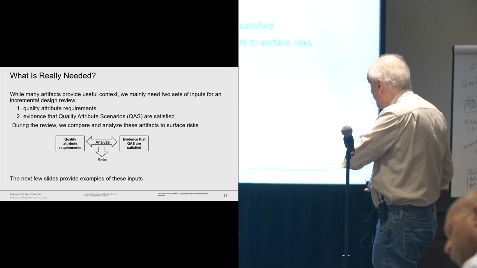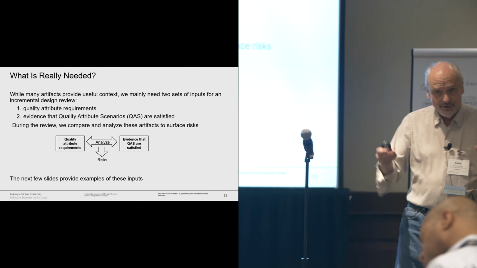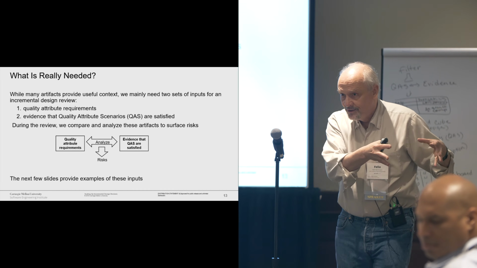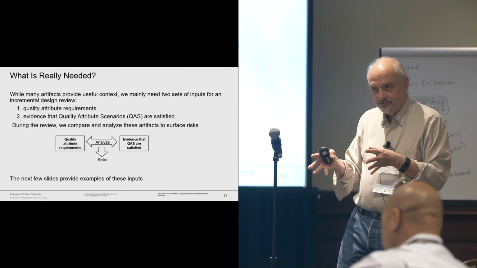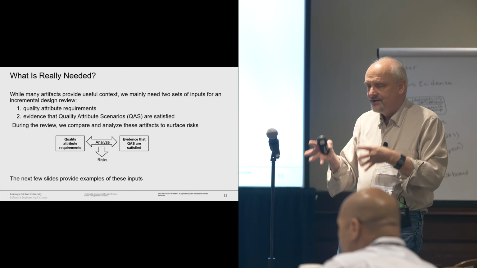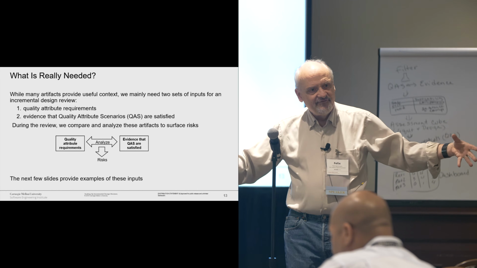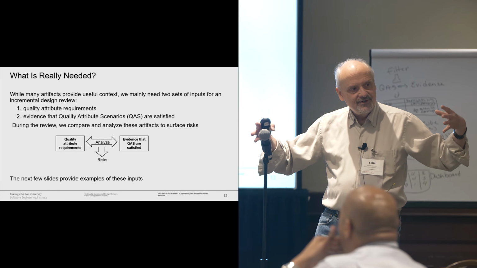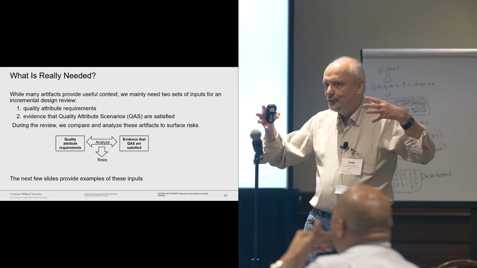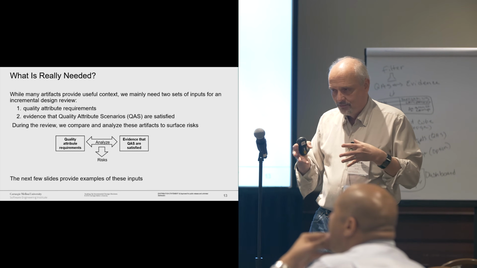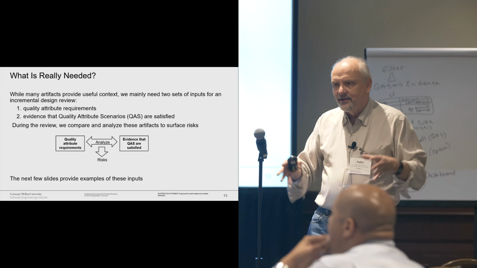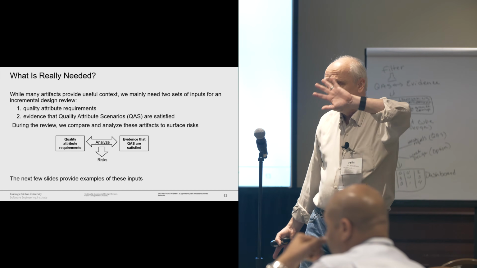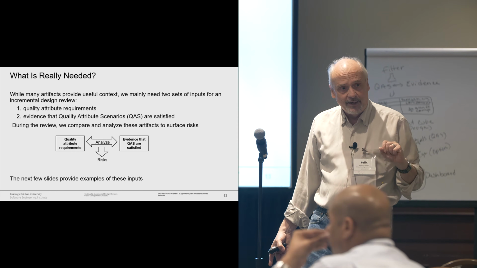We have that, and then of course we need something that shows that this solution will actually fulfill those quality attribute scenarios. We call that the evidence. And the evidence is a subset of all the information that is available from the system, just a subset. So if you know what it is that you're actually looking for, you can very quickly reduce the amount of information that's available to you to a few things that you can manage.